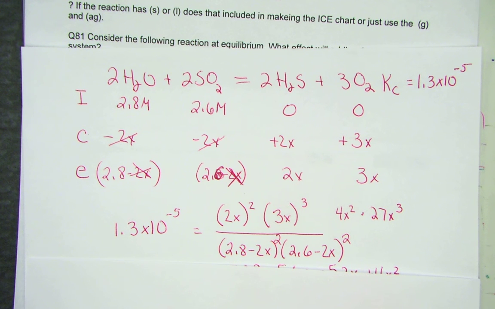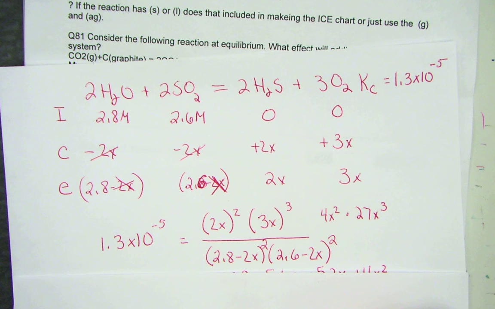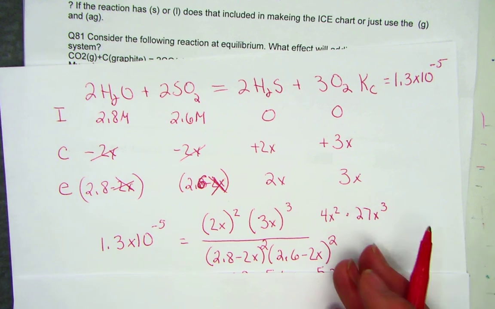Products over reactants, oh, that oxygen should be cubed. I'm sorry, up there should be cubed. 2x squared times 3x cubed over 2.8 squared and 2.6 squared. We're going to solve for x and then be able to go back and find those equilibrium concentrations.